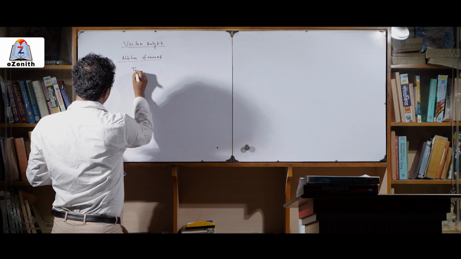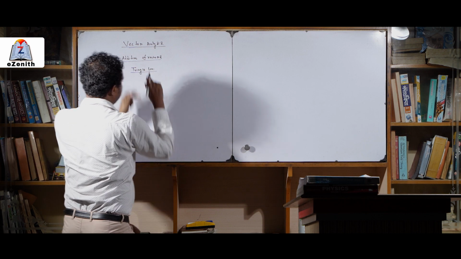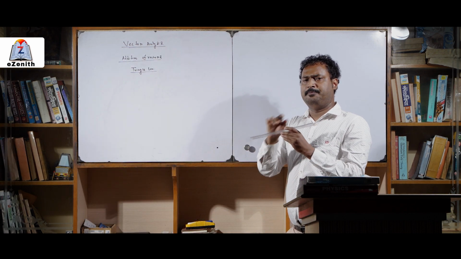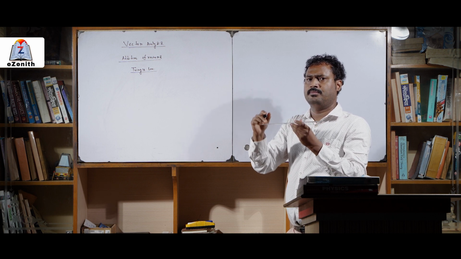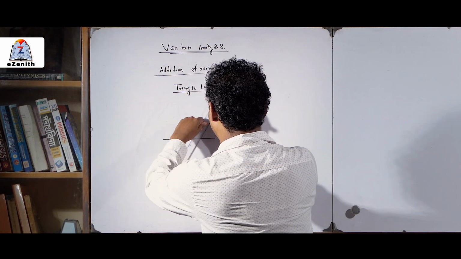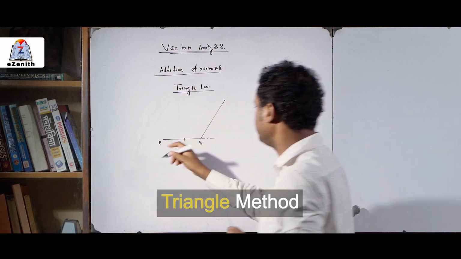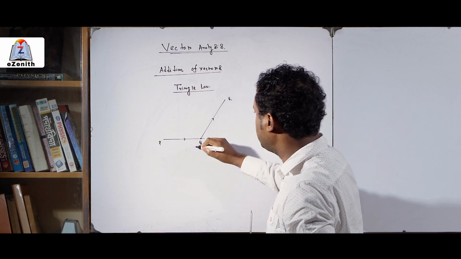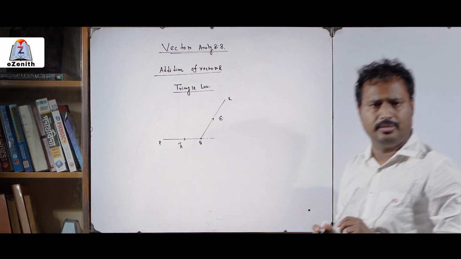So the basic triangle law is like that. If you have two vectors such that the end point of one vector and the starting point of the other just coincide at a point like that. Suppose you have a PQ vector, and the starting point of the next, that is the PR vector. Suppose this vector is A vector and this vector is B vector.